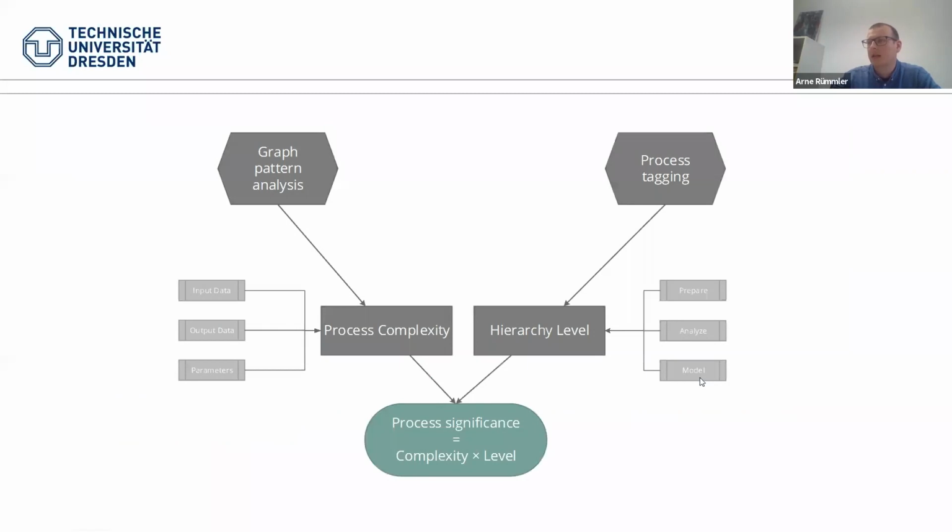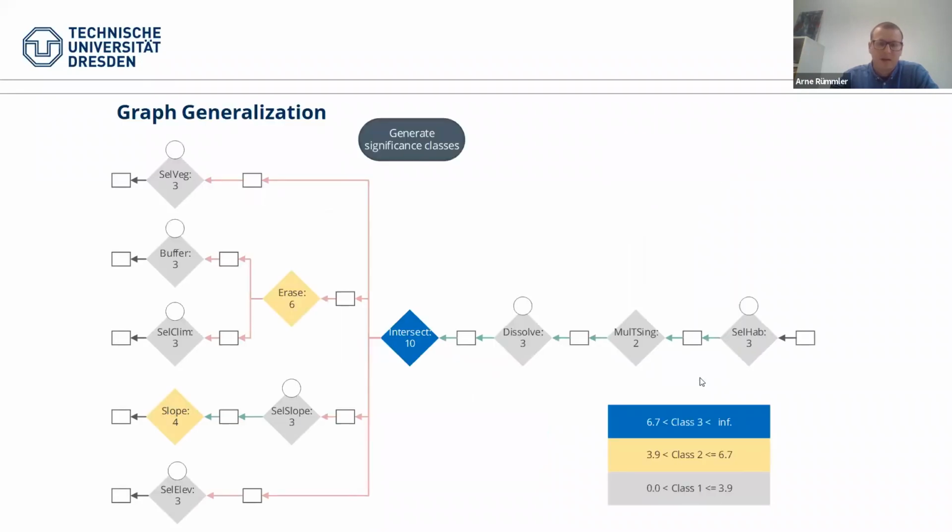So we take our individual process complexity and multiply it with the hierarchy level the process is assigned to, and then find the significance for every process in the workflow. Now we have this formula to calculate the significance. We do that for every process in our workflow and can start the generalization.